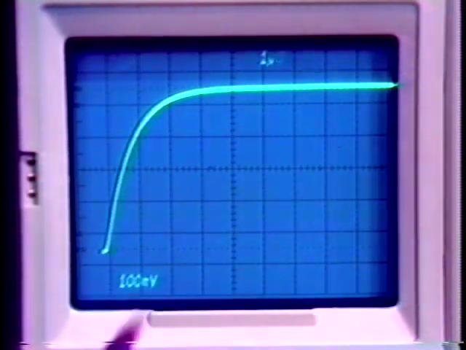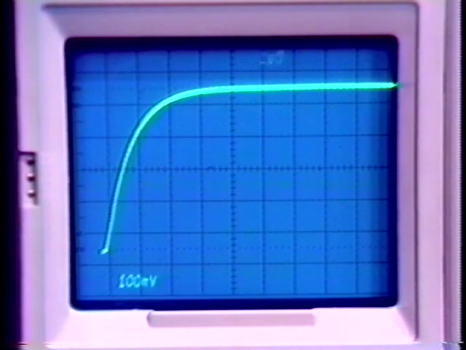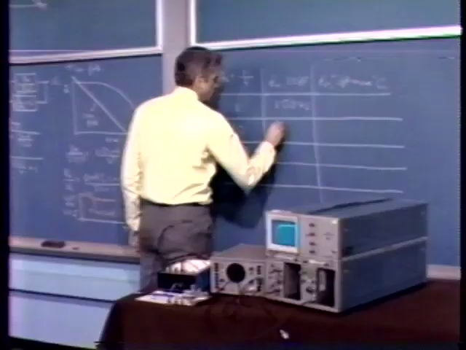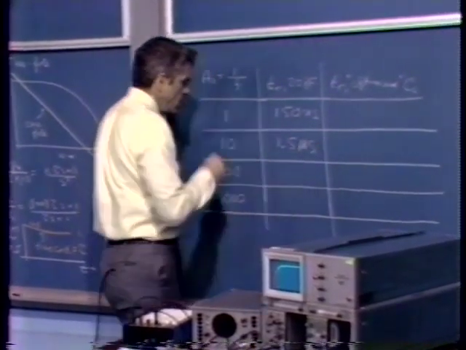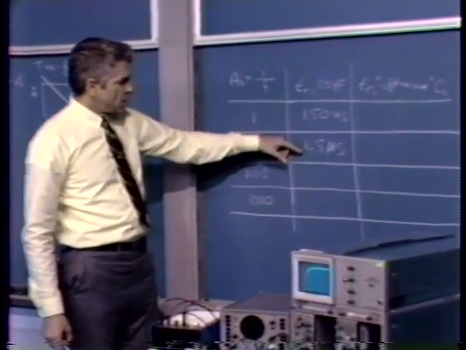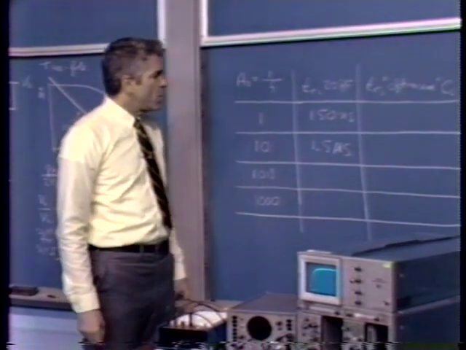This time we're at 1 microsecond per division. So we have a rise time with a 20 picofarad capacitor of 1.5 microseconds when we have F a tenth, or 1 over F equal to 10. Notice that the ratio is 10 to 1, which is exactly what we'd expect.